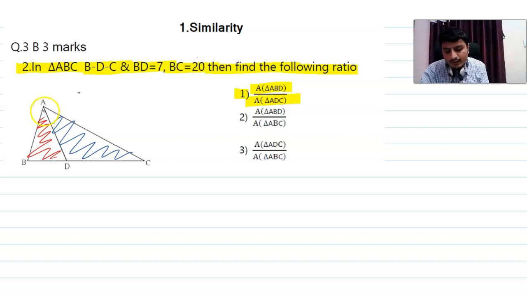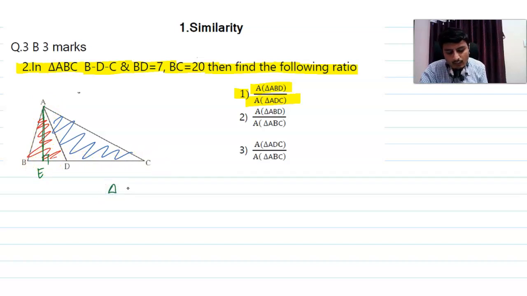Once we draw the perpendicular from point A on its opposite side BC, let us call it AE. So AE is the height of both triangles. Keep in mind, AE is perpendicular on BD, so BD is the base and AE is the height for the first triangle ABD. While AE is also perpendicular on extended CD, so AE is the height and CD is the base for the other triangle.